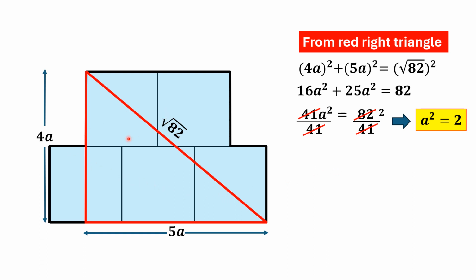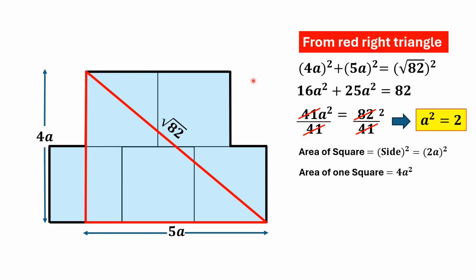Now since side length of the square is 2a, we find the area of square, which is equal to square of its side, and side is 2a, thus area of square is equal to 2a whole square, which is equal to 4a square. This is actually area of this one square.